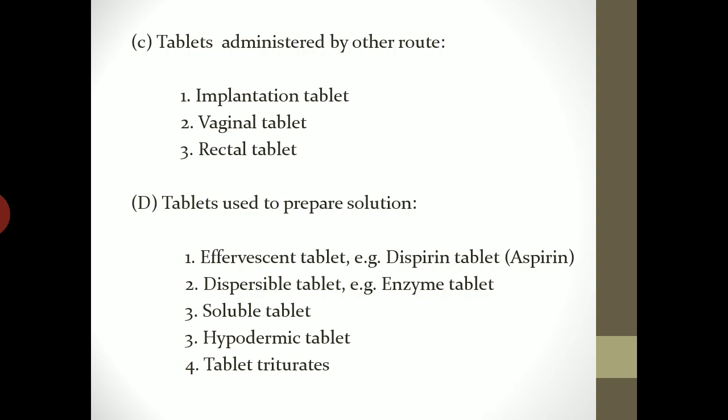It consists of a super disintegrating agent, which helps in rapid disintegration and formation of dispersion in the water, and then that dispersion will be consumed. Next type of tablet is soluble tablet. As the name suggests, a solution will be formed when the tablet is placed in a glass full of water, and then that solution will be consumed.